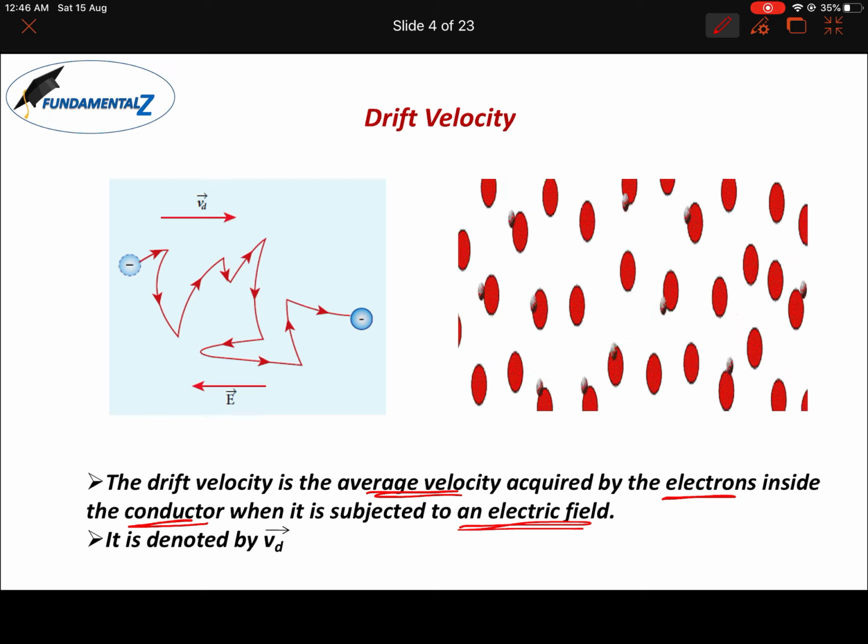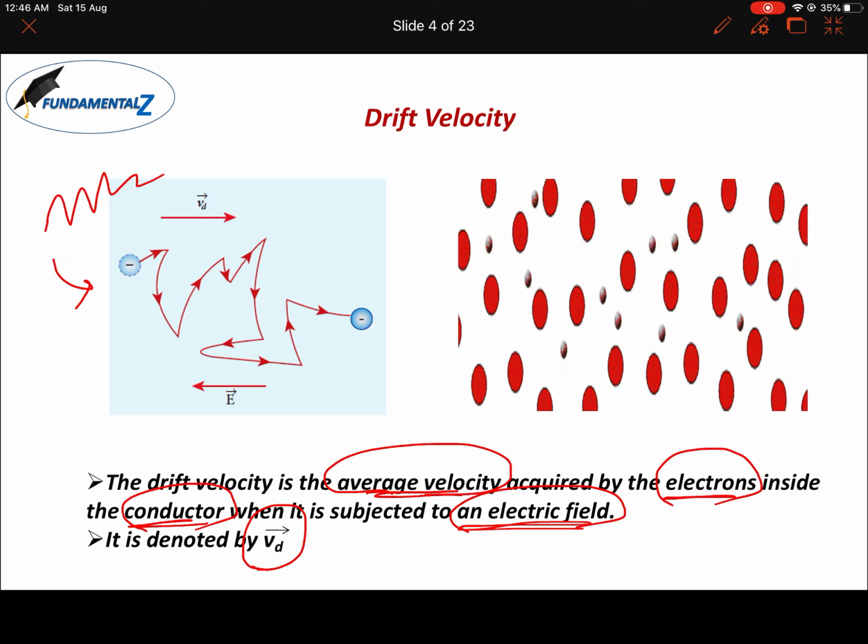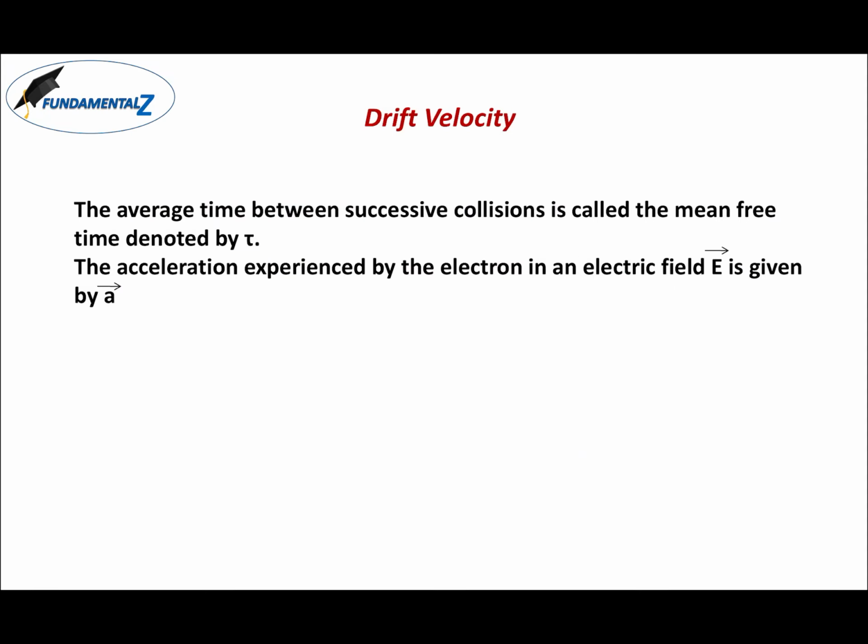So the keywords are: average velocity acquired by the electron inside the conductor where it is subject to an electric field. These electrons will always move in a zigzag manner like this. And the velocity with which these electrons move is represented by Vd with an arrow mark. The reason we are taking an arrow mark is because it represents a vector quantity, which means it has both magnitude as well as direction.